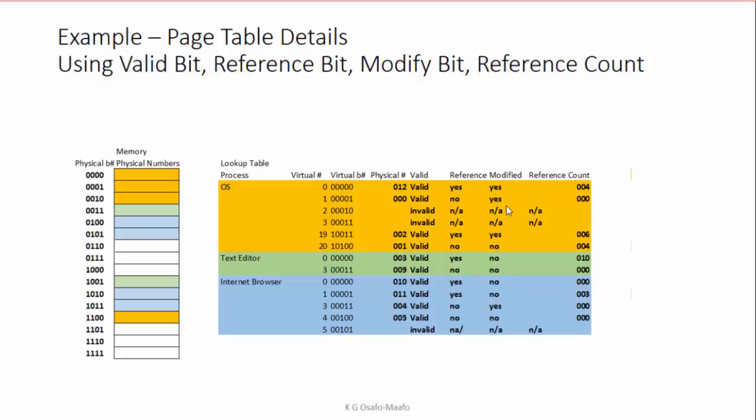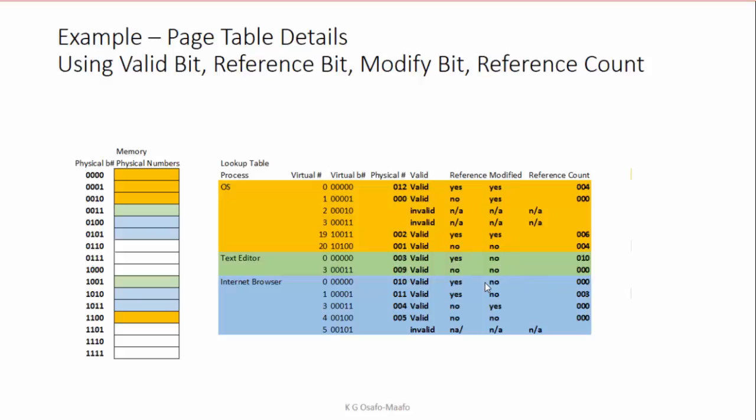And then the next one is when it's yes, no, meaning someone has referenced it, but it hasn't been modified. So that's also nice. On the grand scheme of things, if I've kicked out everything, the only ones left are yes, no's and yes, yeses, and I'll be kicking out the yes, no's. Those who say yes, they've been referenced, but no, not modified.